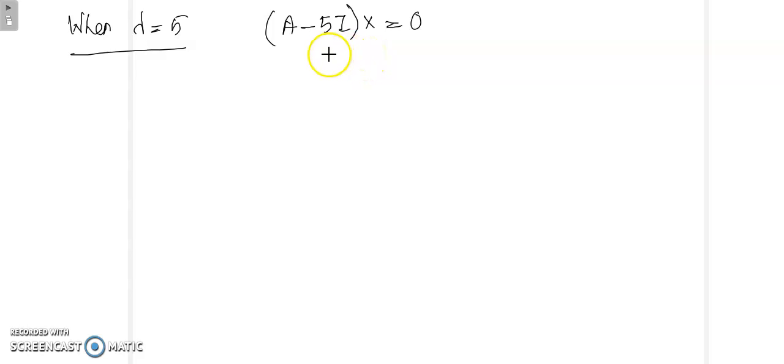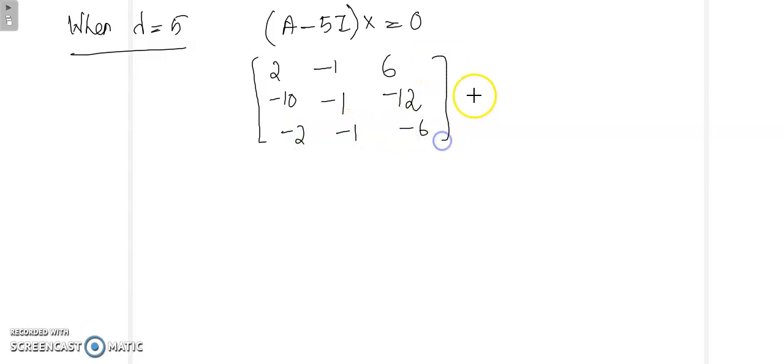So (A minus 5I) x equal to 0 will become 2, minus 1, 6, minus 10, again 4 minus 5, minus 1, minus 12, then minus 2, minus 1, minus 6, x equal to 0. Oh, sorry, minus 2, plus 1, minus 6. Okay, so that is the corresponding matrix.